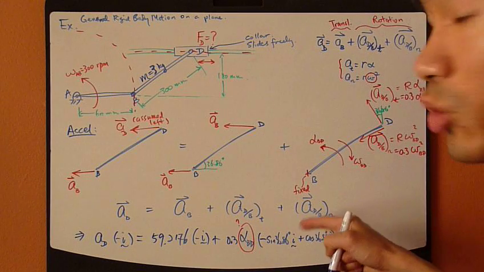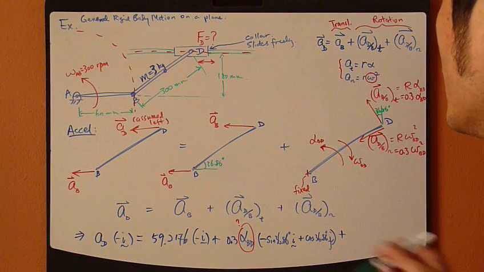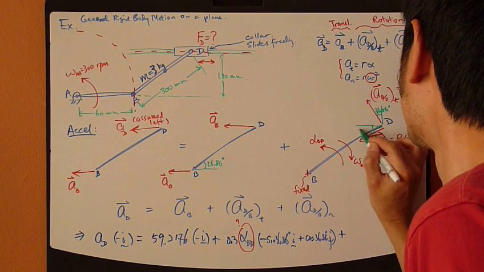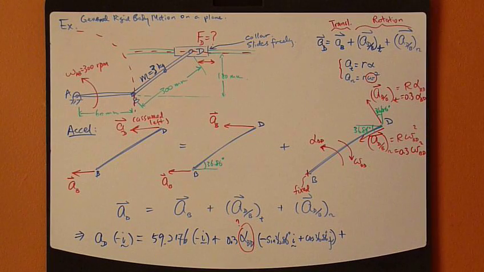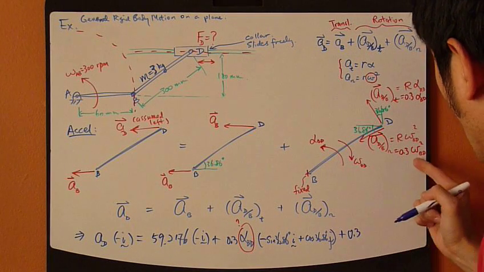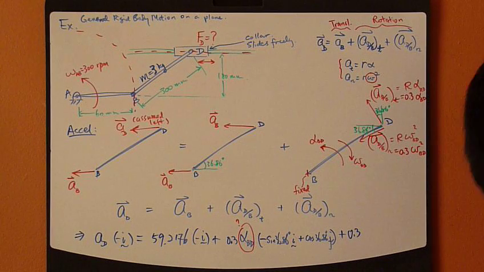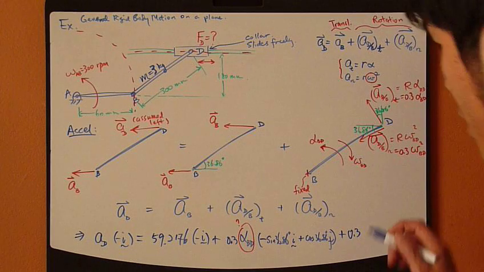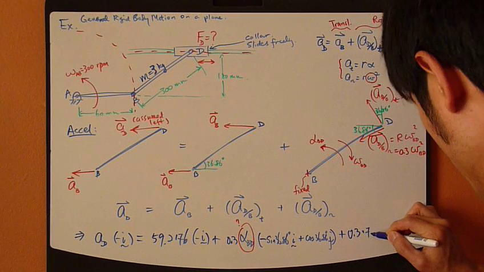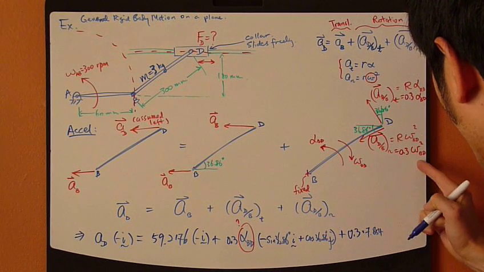Plus the last term. Normal component points down this way. Since this is 36, this is also 36.86 degrees. And this is 0.3 omega squared, and omega BD has been found way earlier from the instantaneous center method to be 7.854 radian per second.